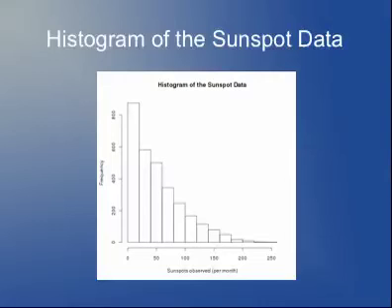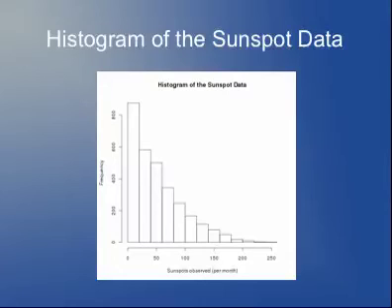In the vast majority of months there are very few sunspots, but every so often you'll have a rare month where there's a much higher number of sunspots. It's not like we're seeing negative values or a number in the millions, something that's clearly out of range.